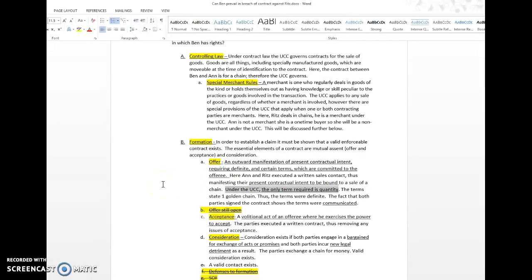Under the UCC, the only term required is quantity. So you'll just put your rule statement down for your offer. You'll know that's an offer and move on. If you don't have your outline here to guide you, you're going to miss a lot of things. So, in my opinion, this is the best way to do it.